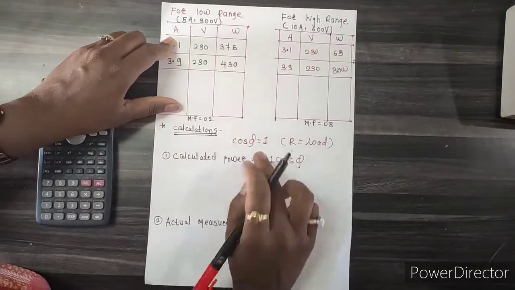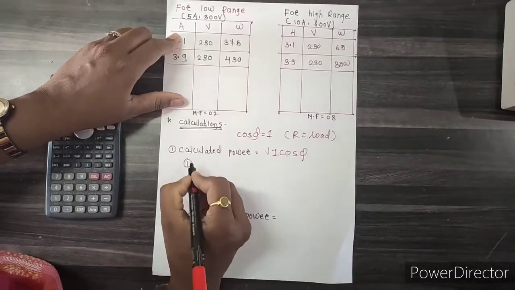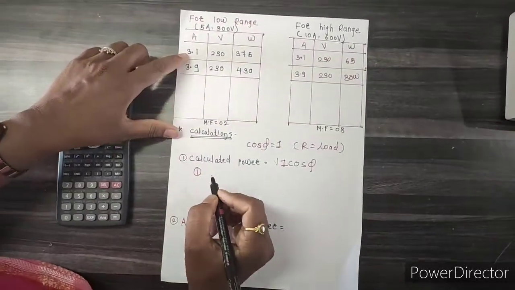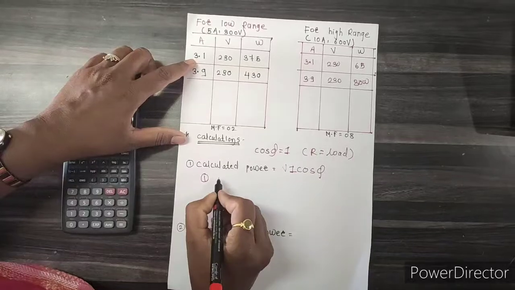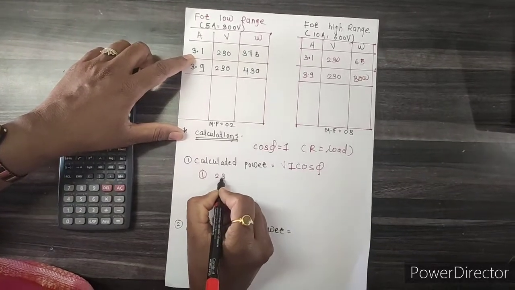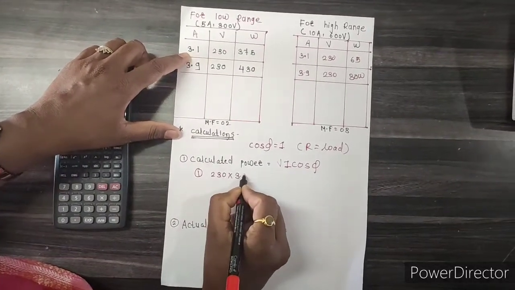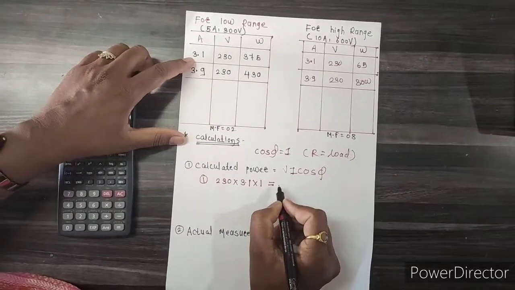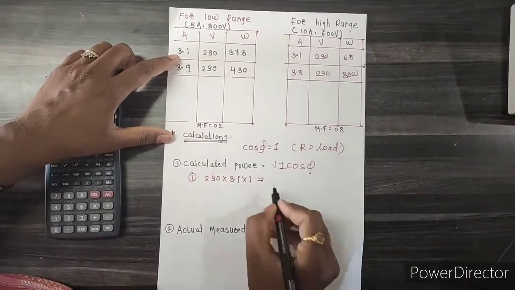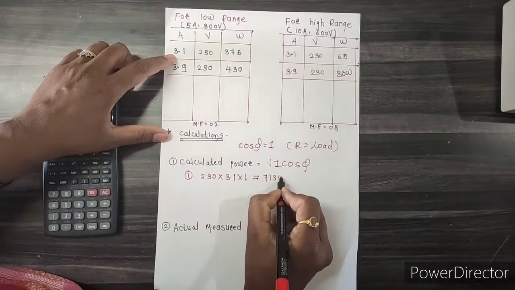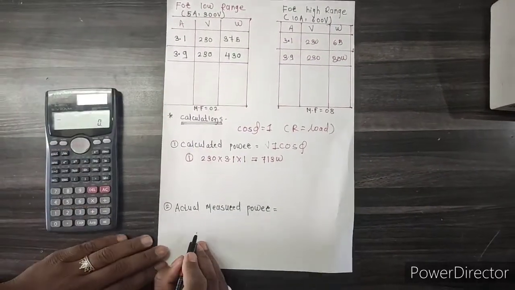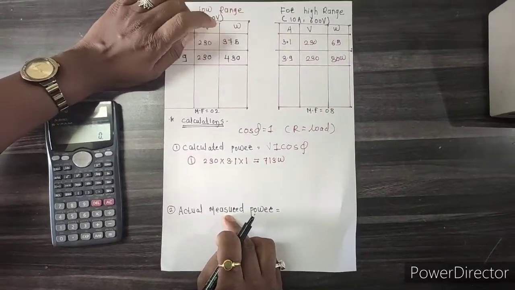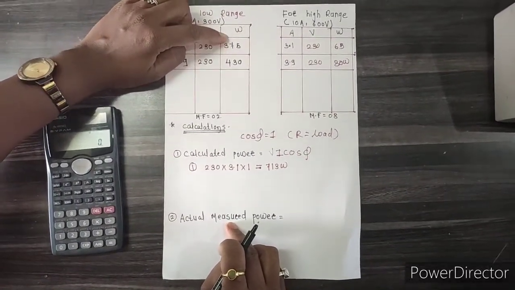So cos phi is equal to 1. From any one reading of the low or high range, I will take the first reading. So calculated power is equal to 230 volt into 3.1 into cos phi equal to 1. Therefore it will be equal to 713 watt.